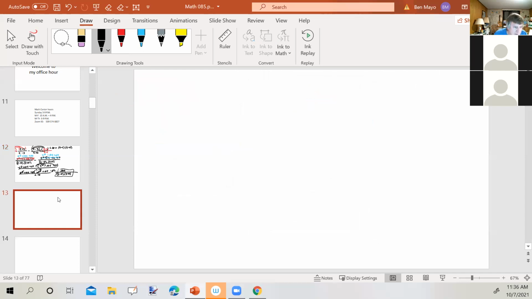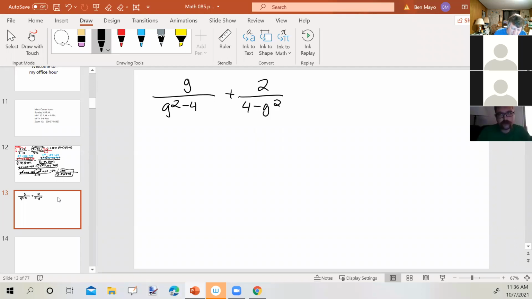Okay. So we've got g divided by g squared minus 4 plus 2 divided by 4 minus g squared. This is that situation where these are opposites of each other. So what I'm going to do is multiply one of these by -1 over -1.